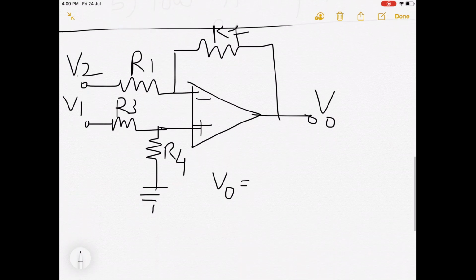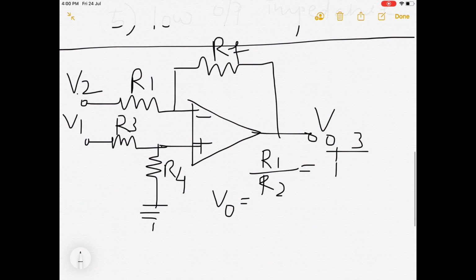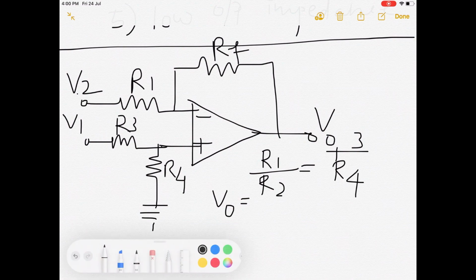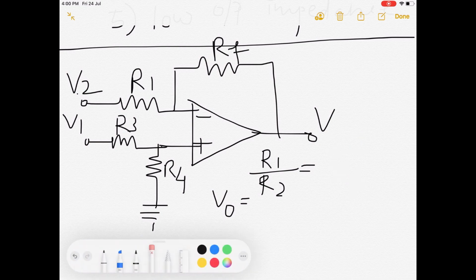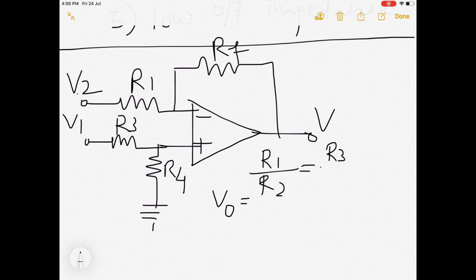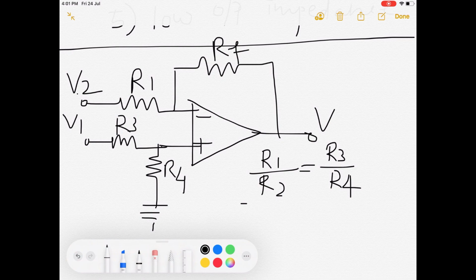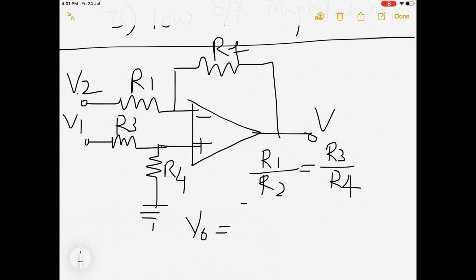If we solve this and consider the condition that R1 by R2 is equal to R3 by R4, then we can write VO equal to R2 upon R1 into V1 minus V2.